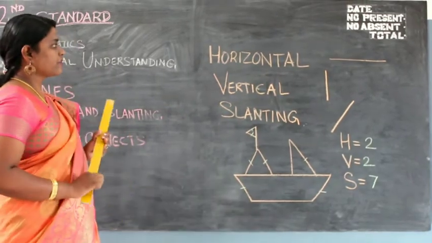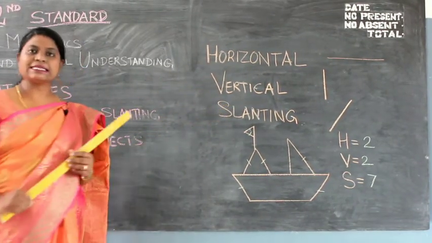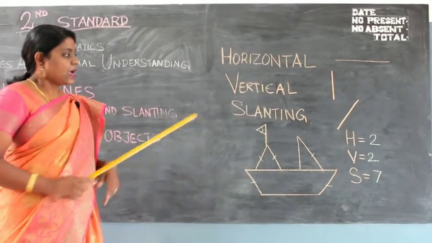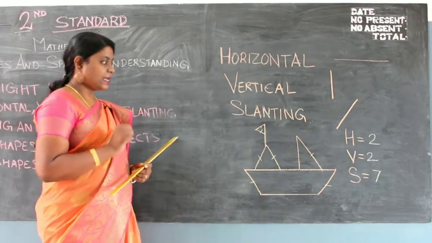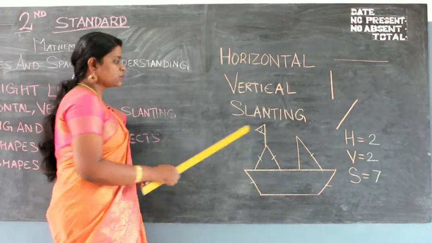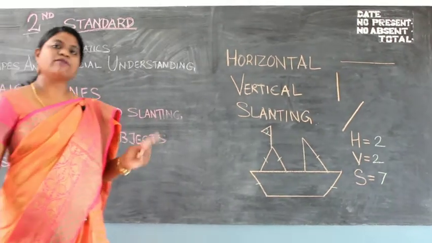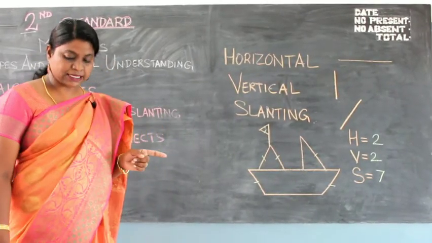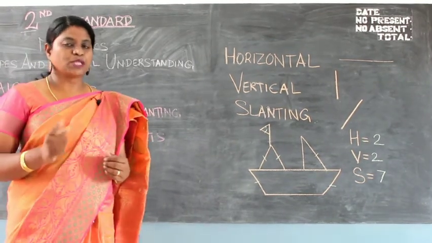So children, now you have understood what horizontal, vertical and slanting lines are, right? Now I want you all to make this figure in your notebook and count and write. Like I showed you how to count and write, you have to count and write this. This also we have already covered in WhatsApp classes, but I wanted to recapitulate the whole thing with you because we had given you homework without taking the classes.